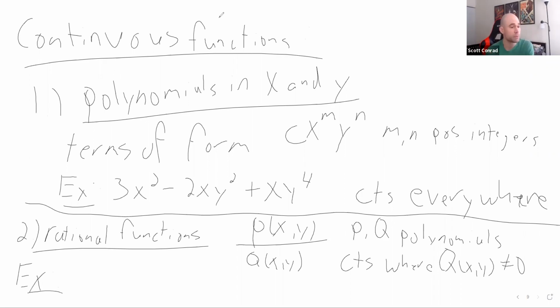So for example, everything we've looked at so far has been a rational function. Xy over x squared plus y squared is continuous, except where the denominator is 0, which happened to be where we check the limit, which is why the limit did not exist. So rational functions, polynomial divided by a polynomial.